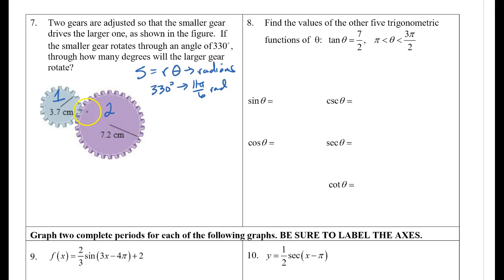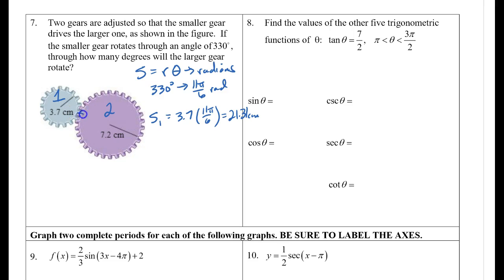So now we want to figure out how far did the little gear move. So gear 1 had an arc length of 3.7 times 11 pi over 6, which was a total distance of 21.31 centimeters.